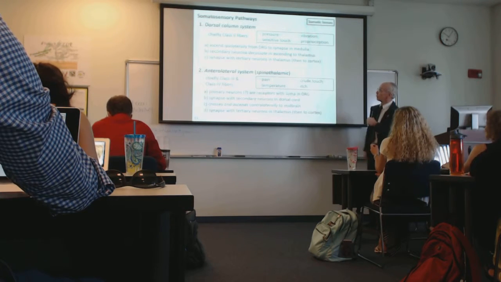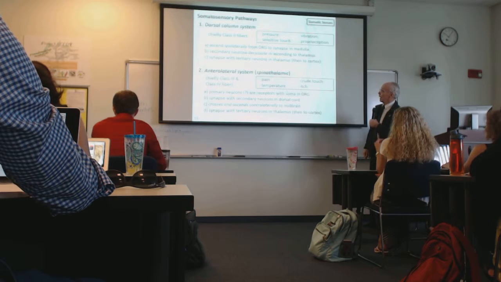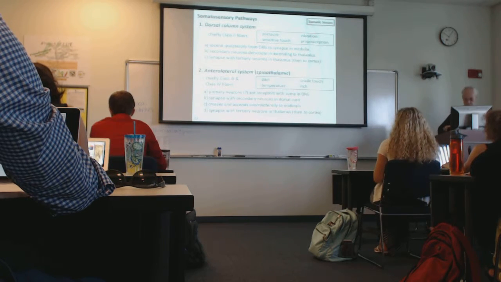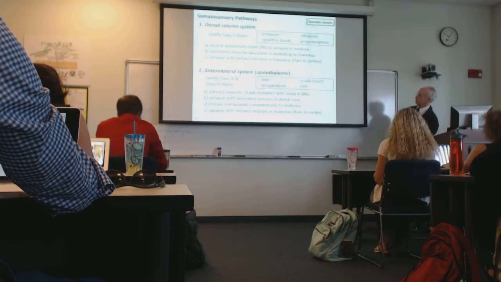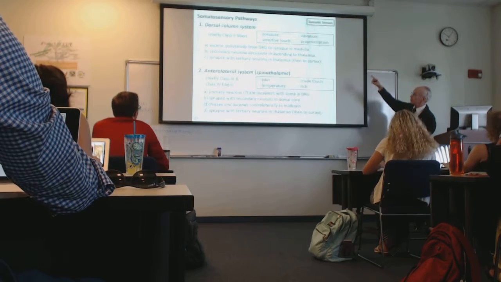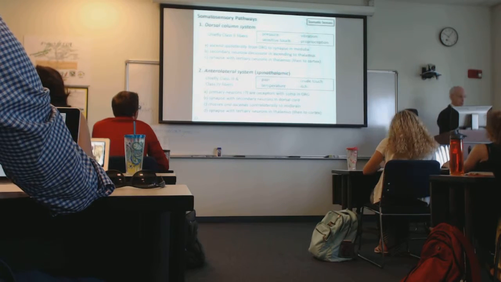And I've listed here some of the important differences between the two. I think we've made this distinction before, that it's both an anatomical distinction and a functional distinction. So if you look at the dorsal column system, notice the sensations that are conveyed, in particular, proprioception.